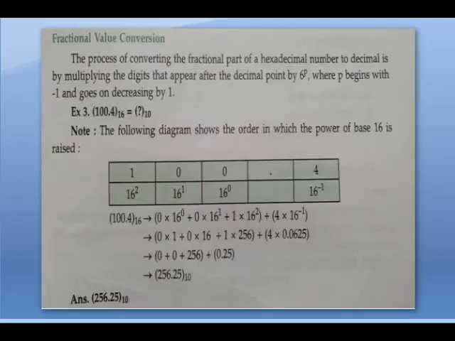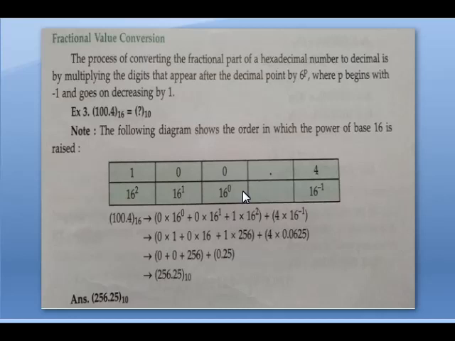Okay students, here we are going to see how to convert a fractional hexadecimal number into a decimal number. The process is the same as in the previous classes, where we converted an octal number to decimal and a binary number to decimal.